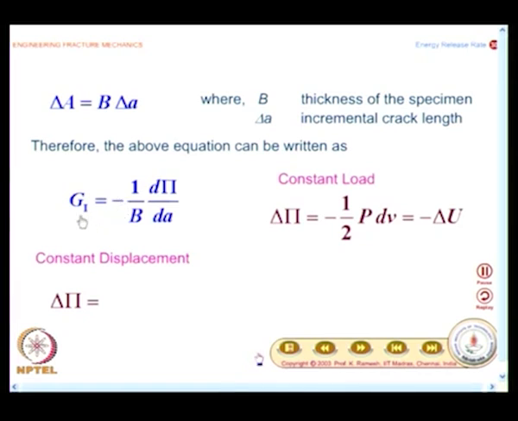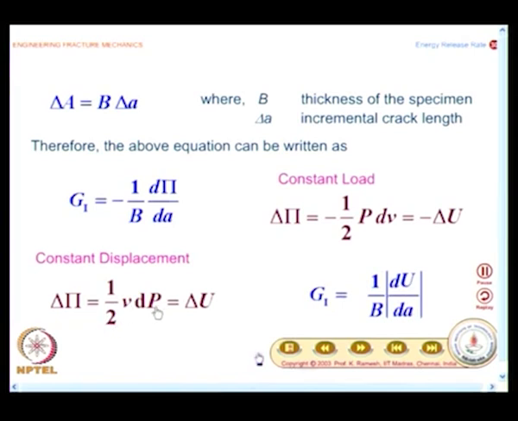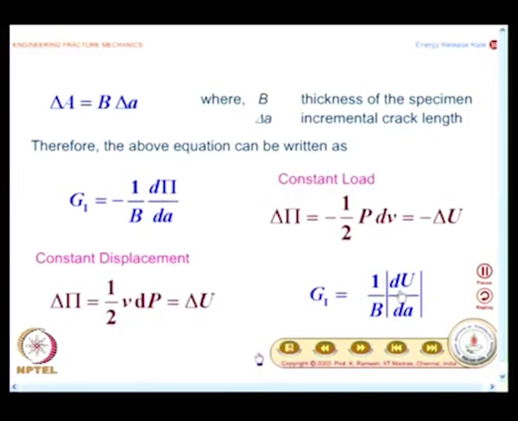So, finally, G is positive, and in the case of constant displacement, I have this as 1 by 2 V into dP, and I get this as delta u, but this delta u is negative, because we have seen already, we will also look that up again, that minus of minus will become positive, or in other words you can also write G simply as 1 by B du by dA.